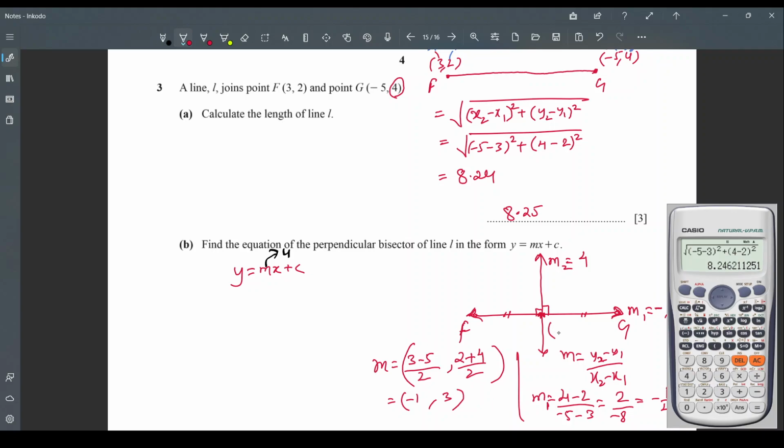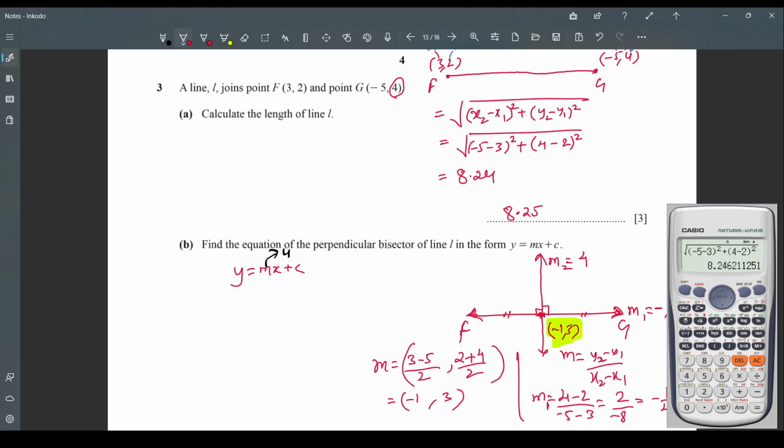So we got the midpoint as (-1, 3). So we can do one thing. Once we get the midpoint, we will put it in this equation, because we got the value of m as 4.